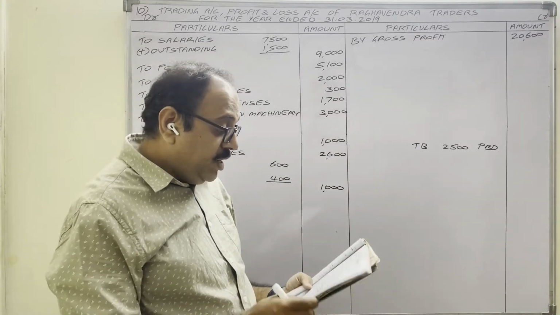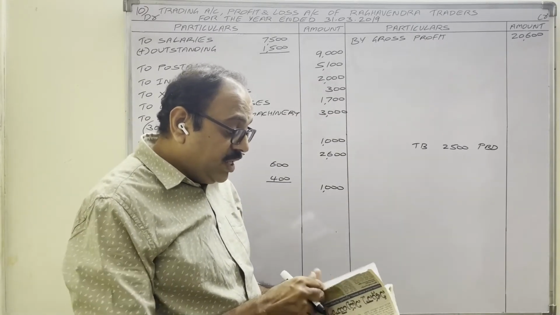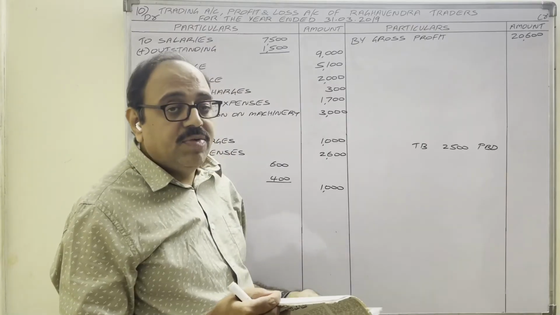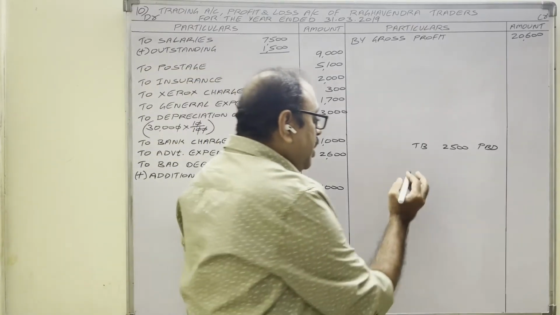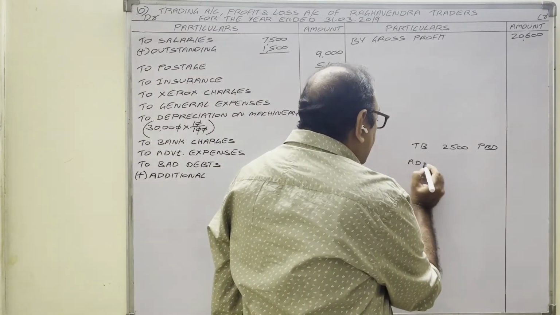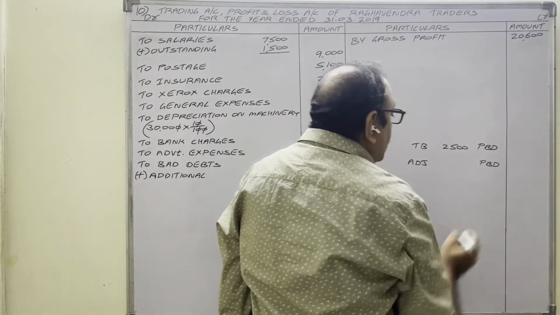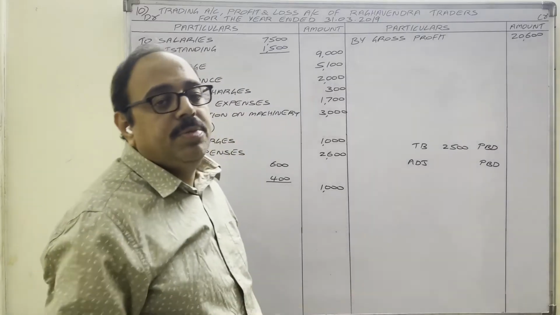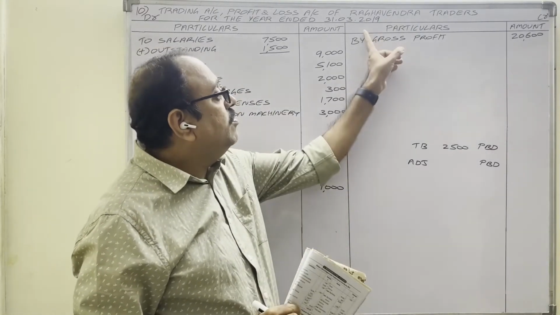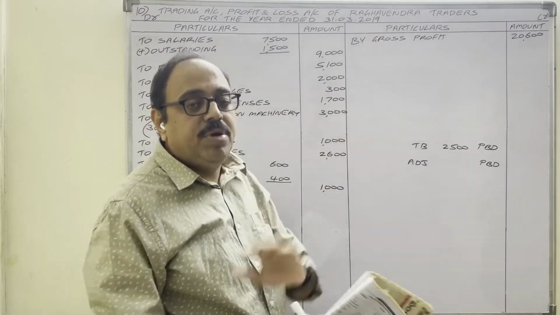And in adjustment, 5% is given, no? Amount is not giving. So this adjustment PBD amount is not given. We have to calculate. That is what? Closing PBD. Means 31st March 2019 PBD.